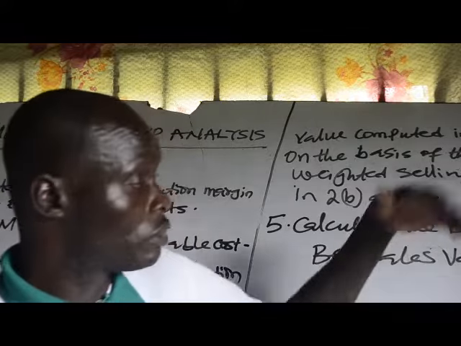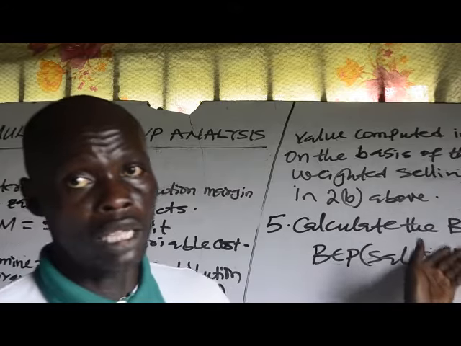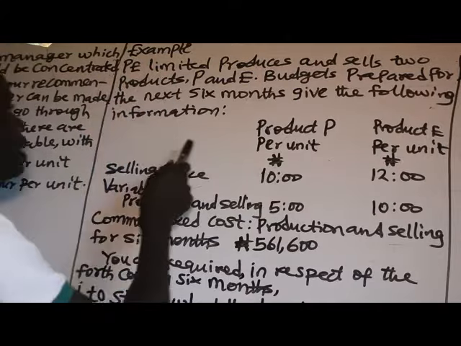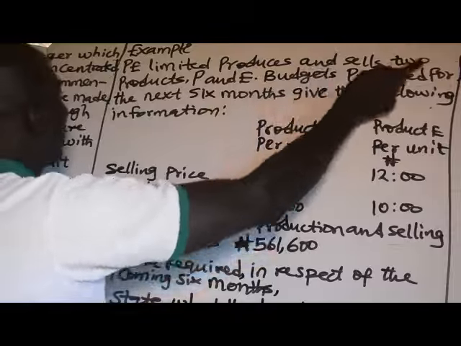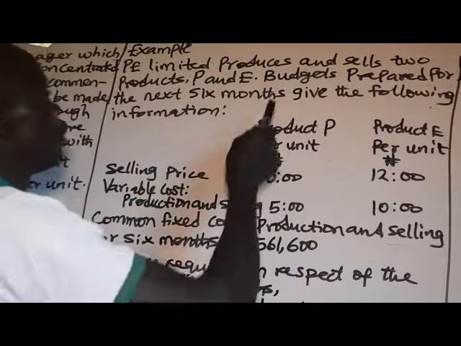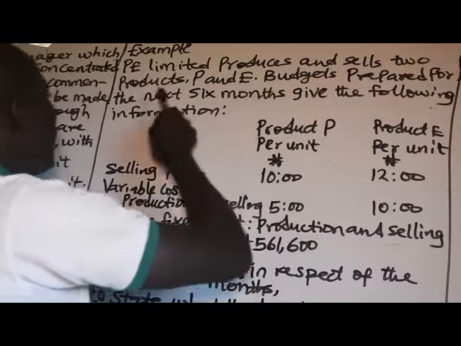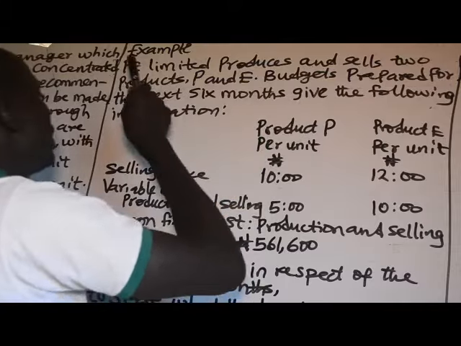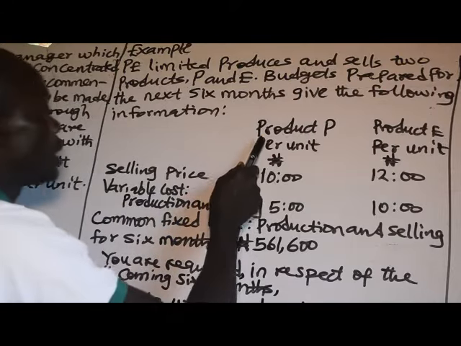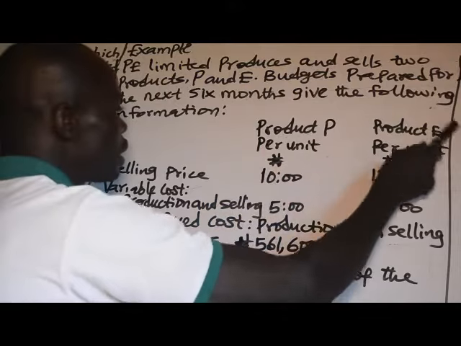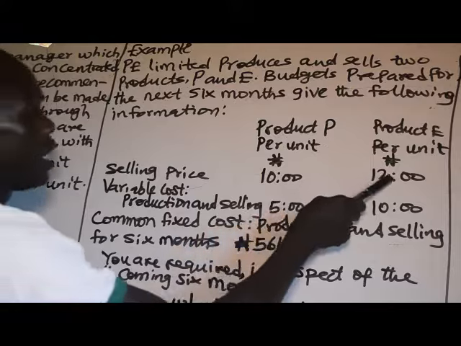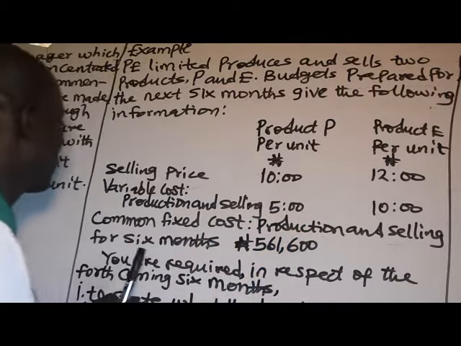So now we want to take a worked example. Example: P Limited produces and sells 2 products, P and E. Budgets prepared for the next 6 months give the following information. You have product P and product E, amounts per unit. The selling price of product P is 10 Naira and that of E is 12 Naira.